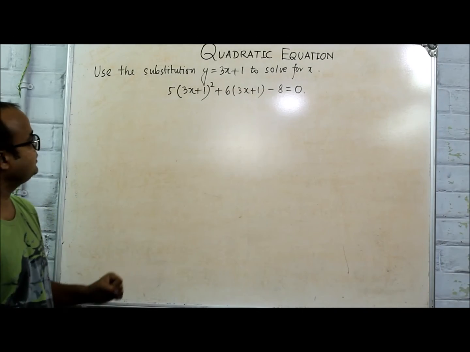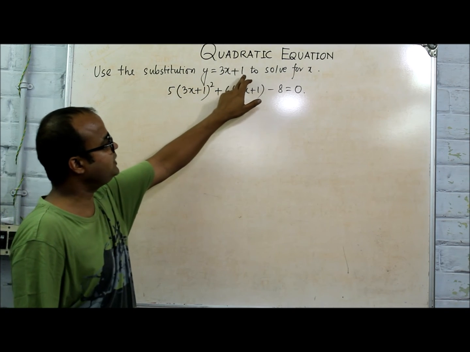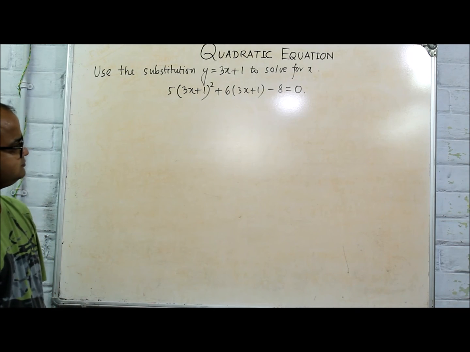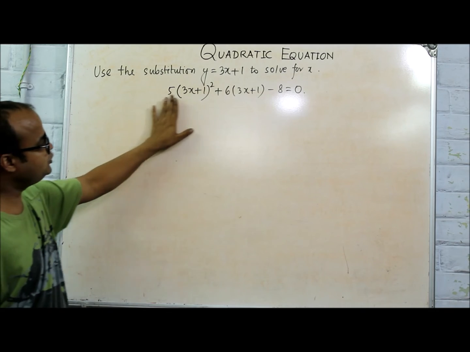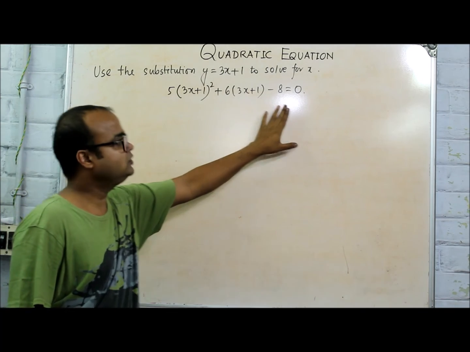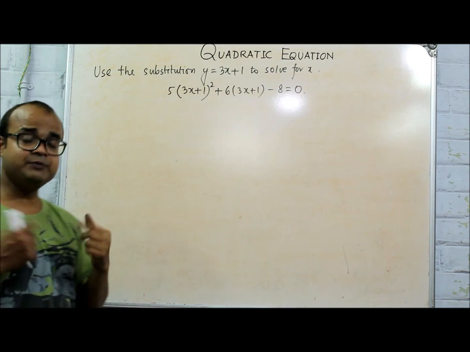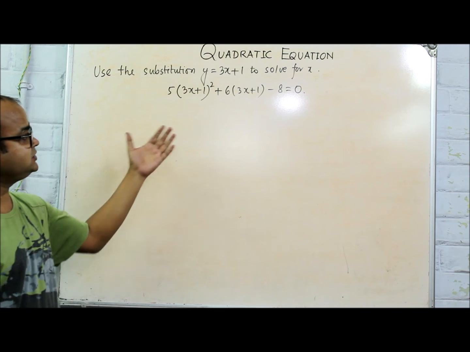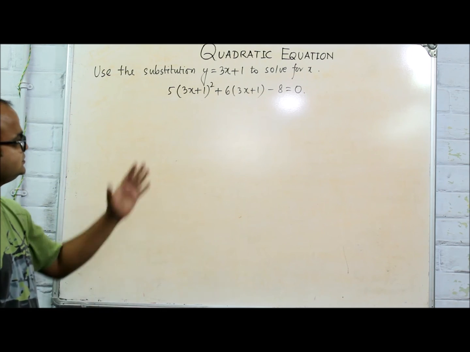Let us discuss this problem. Use the substitution y is equal to 3x plus 1 to solve for x. Now whether this line is given or not, if this equation is given to you to find the value of x or solve for x, if you remember, in earlier classes when we used to do the middle term factor, we considered this as a p or x, something like this.